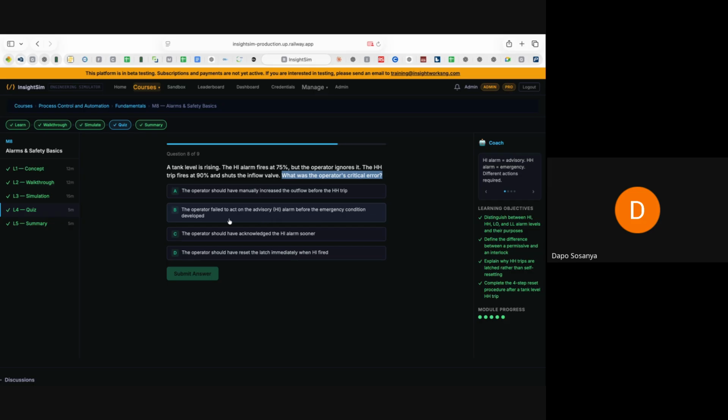The action the operator should have taken is to implement A. If he had implemented this action, then the trip would not occur. So this is an investigation on what led to the trip. So B is actually the right answer. Well noted. Thank you, sir.